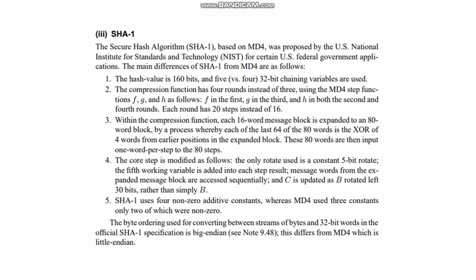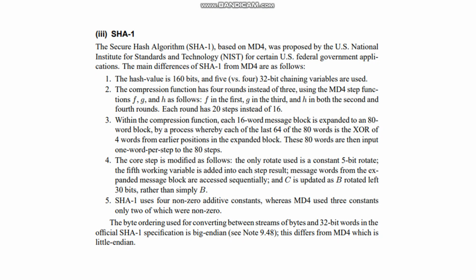Within the compression function, the 16-word message block is expanded into an 80-word block by a process whereby each of the last 64 of the 80 words is the XOR of 4 words from earlier positions in the expanded block. These 80 words are then input 1 word per step.